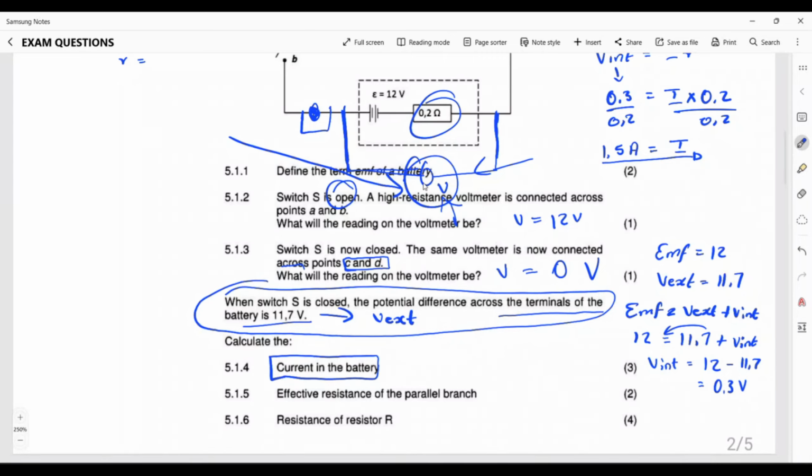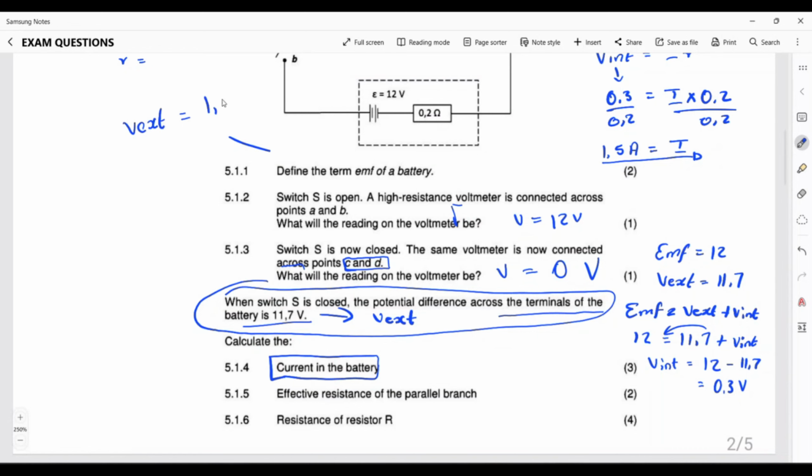So what I'm saying is, if you leave your question like that and you make the calculations, when you use V external of 11.7, that value is for a device that was supposed to be connected like this, but unfortunately it's not connected.